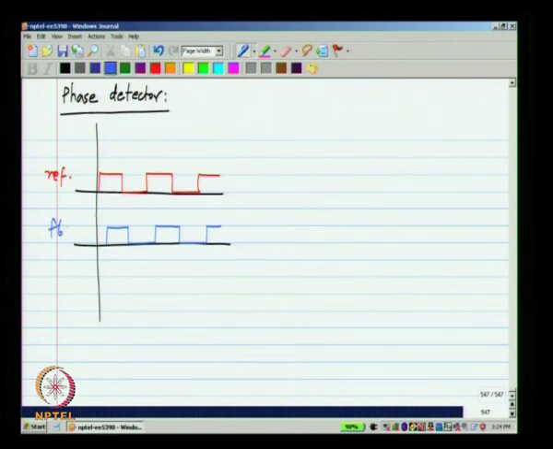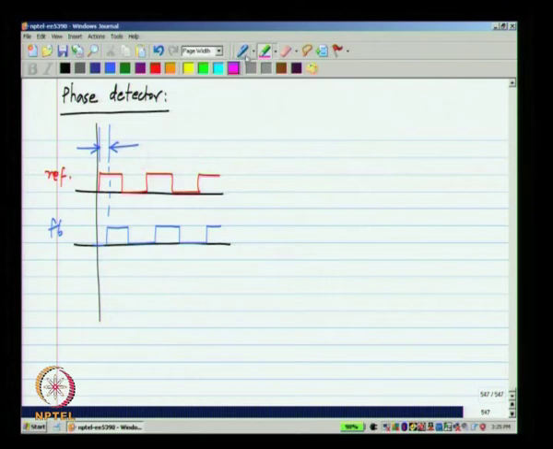And for convenience, I have shown them to be at the same frequency. Okay. What is the phase detector supposed to do? It is supposed to give an output signal which is proportional to the difference between the rising edge of the reference and rising edge of the feedback, or you could alternatively take the falling edge of the reference and falling edge of the feedback.